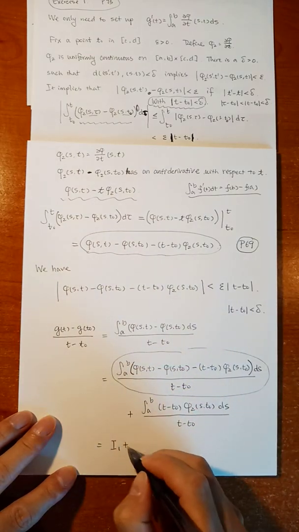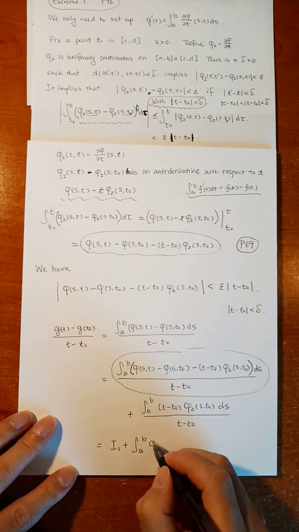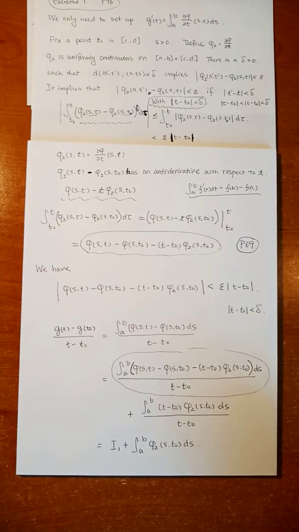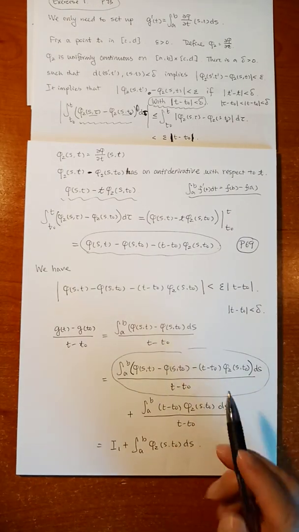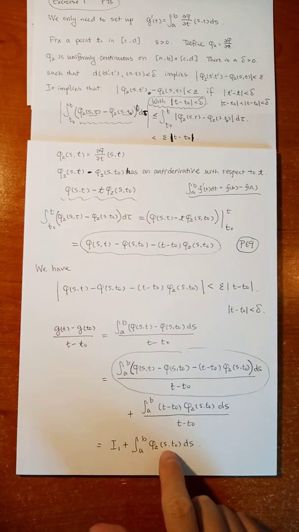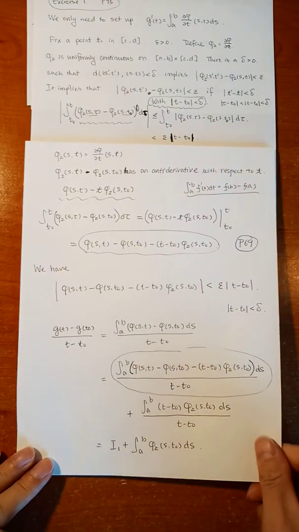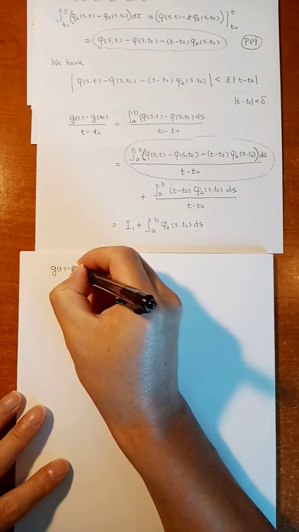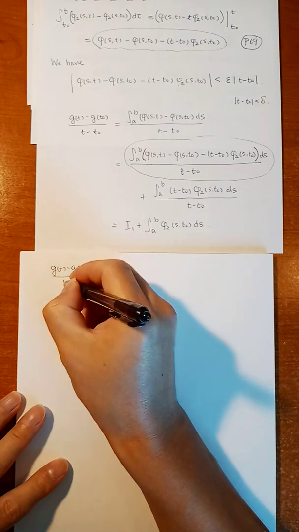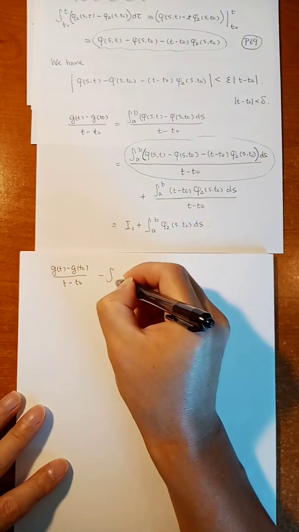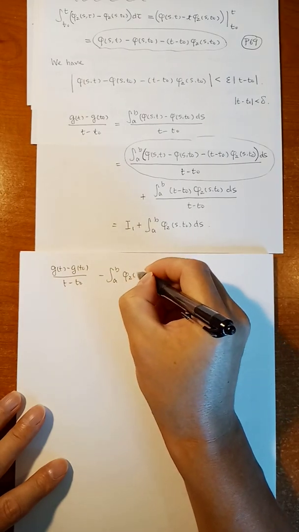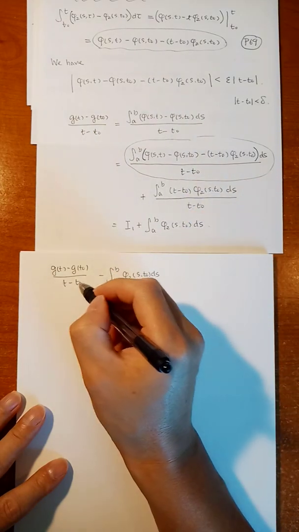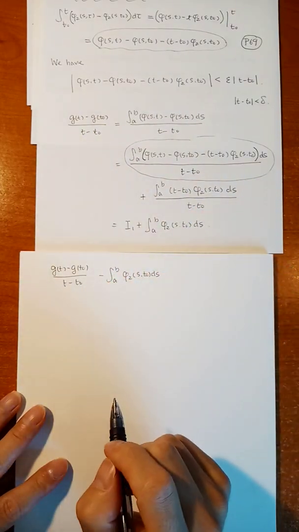And the second part, plus the integral from a to b of phi 2 s t0 ds. This difference is cancelled. So I'm going to move this term to the left-hand side. I will get g t minus g t0 over t minus t0 minus the integral from a to b of phi 2 s t0 ds. And I'm going to estimate it, and say when t approaches t0, this difference will approach 0.